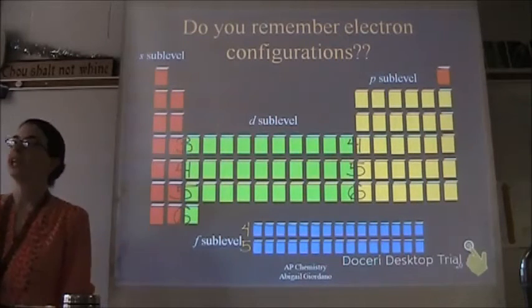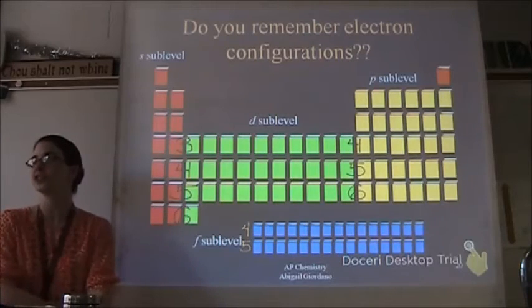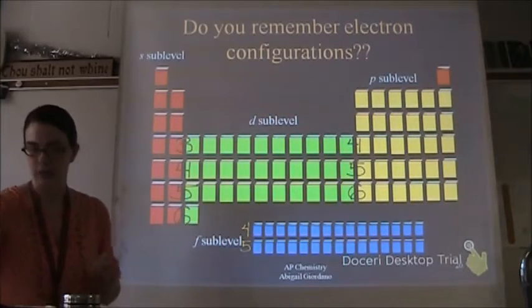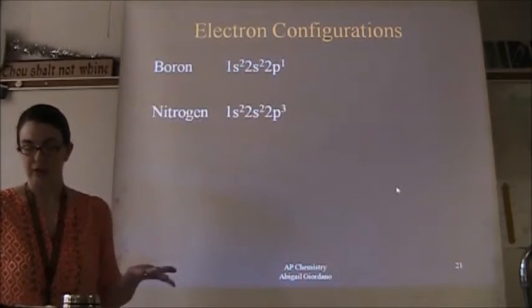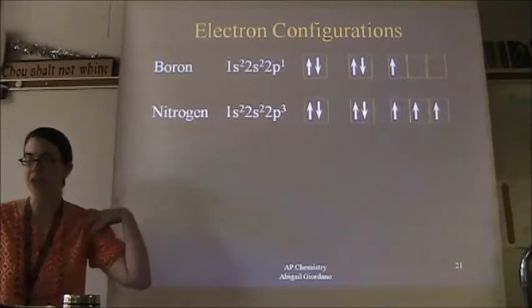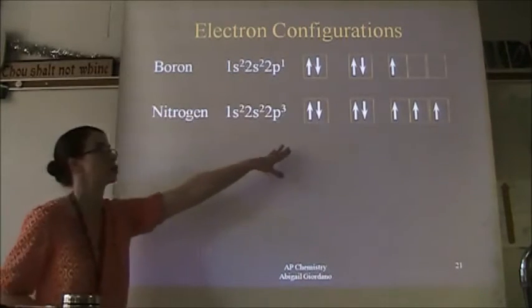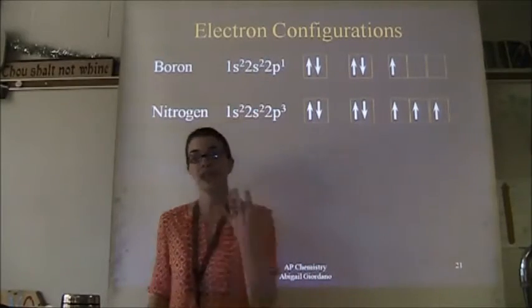All right, so let's review a little vocabulary before we even start into talking about electron configuration. Okay? That's what electron configurations look like. Sometimes you'll see electron configurations actually drawn out, where an arrow represents the electrons.